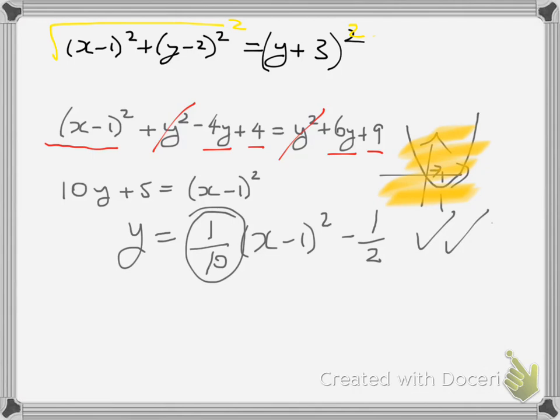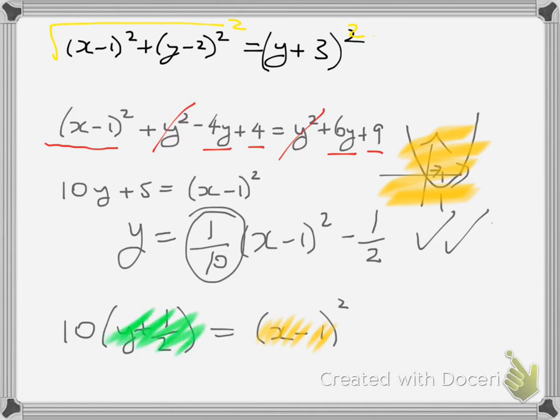And just for the sake of what's going to happen tomorrow, you could also write it as 10 (y plus 1/2) equals (x minus 1) all squared. And if you notice, now what I've done is I've paired up everything in terms of x's in a bracket, and also y's in a bracket.